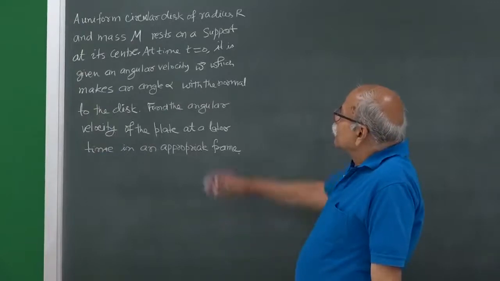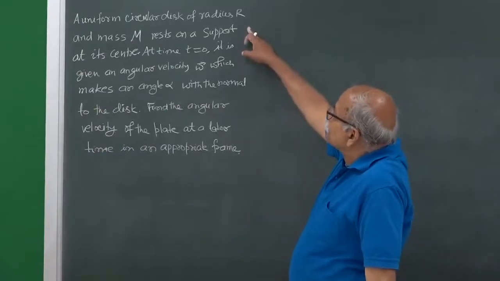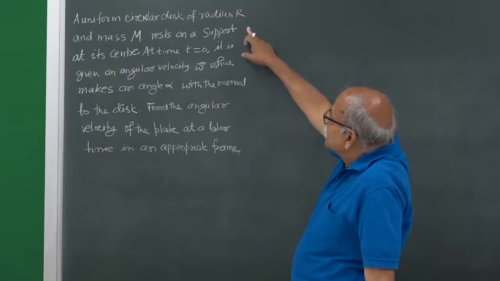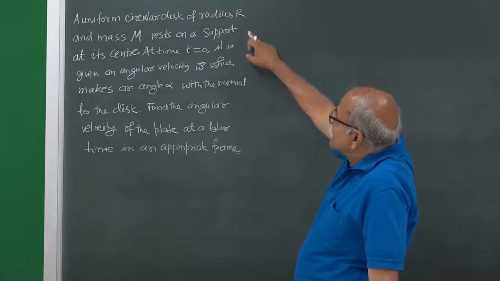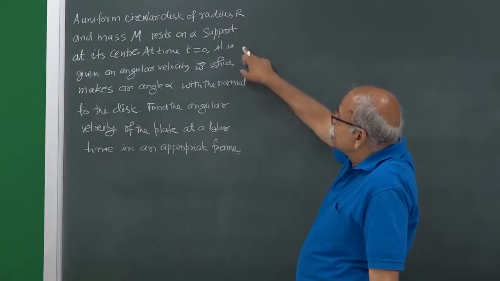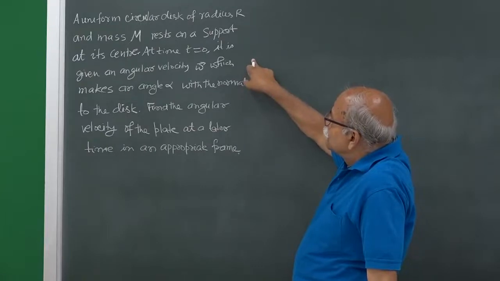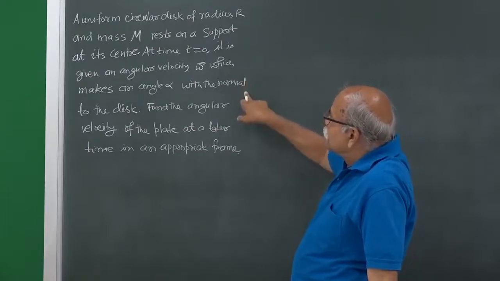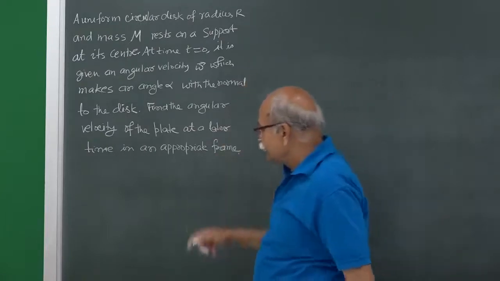A uniform circular disc of radius capital R and mass capital M rests on a support at its center. At time t equal to 0, it is given an angular velocity omega, which makes an angle alpha with a normal to the disc. So, what is the situation?